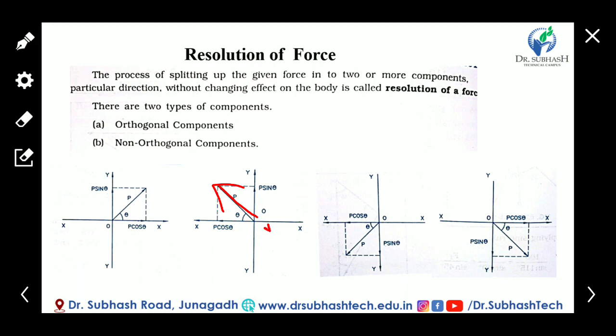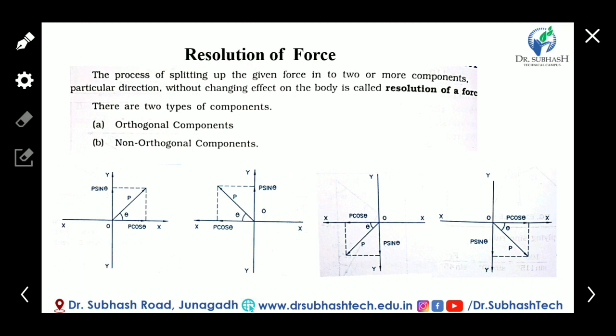Okay, in a similar way, if the force P is given in the second quadrant, then the horizontal component is resolved in this direction and the vertical component in the upper direction. The force makes an angle with the horizontal component, so the horizontal component is P cos theta and the vertical component is P sin theta.